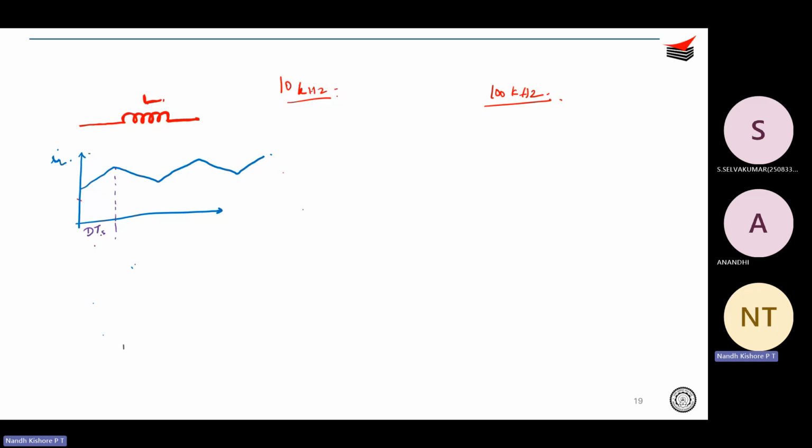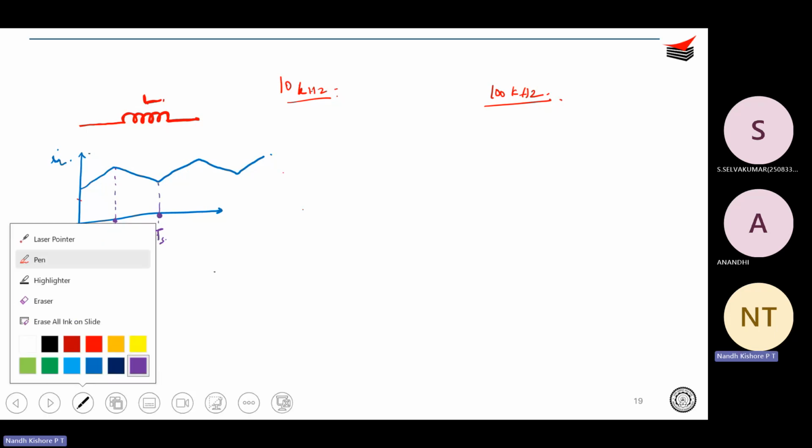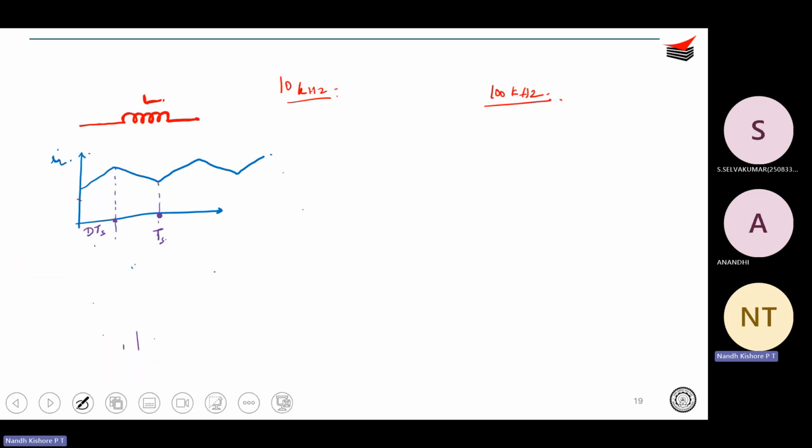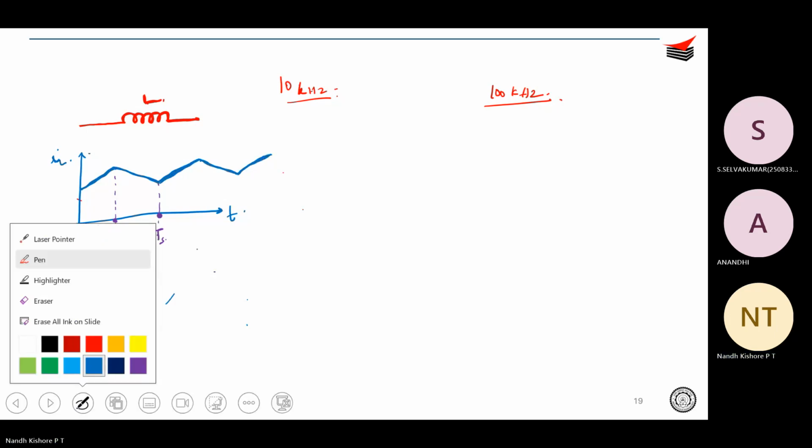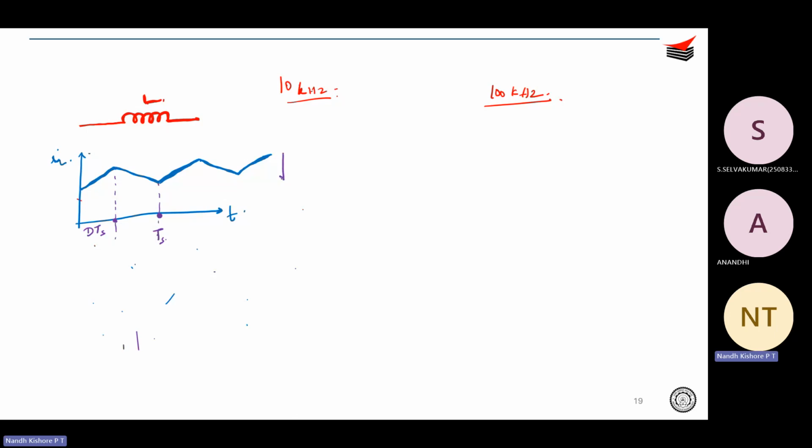This is your dTs period, and this is your Ts period. So can you tell in which case your ripple will be more? This is the peak to peak ripple.